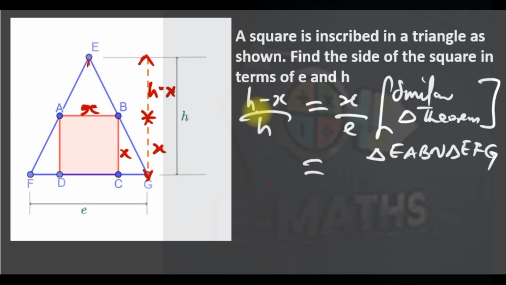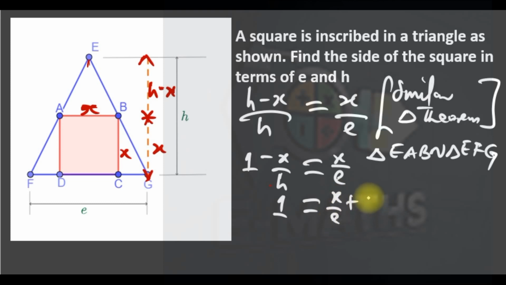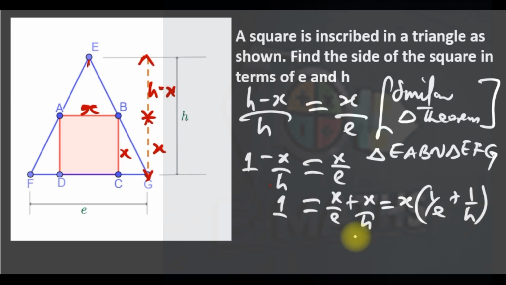So let's simplify. This is 1 minus x over h, and we have x over e. Our main aim is to get the side, which is x, in terms of h and e. So we collect like terms. We have x over e plus x over h equals 1. If we factor x, we have 1 over e plus 1 over h.